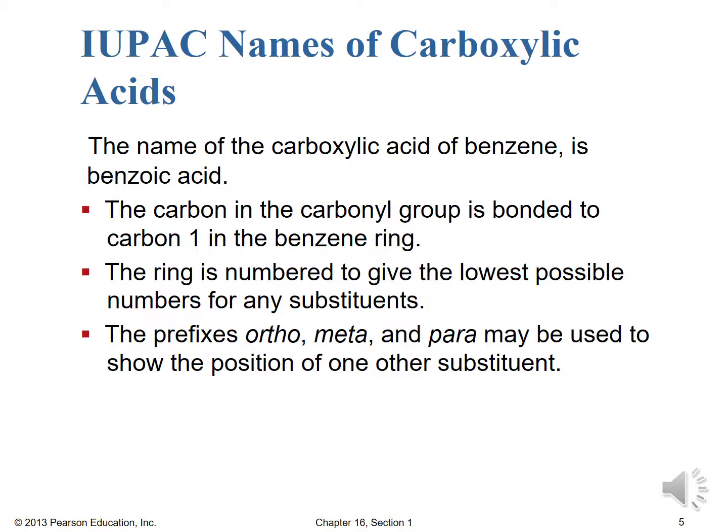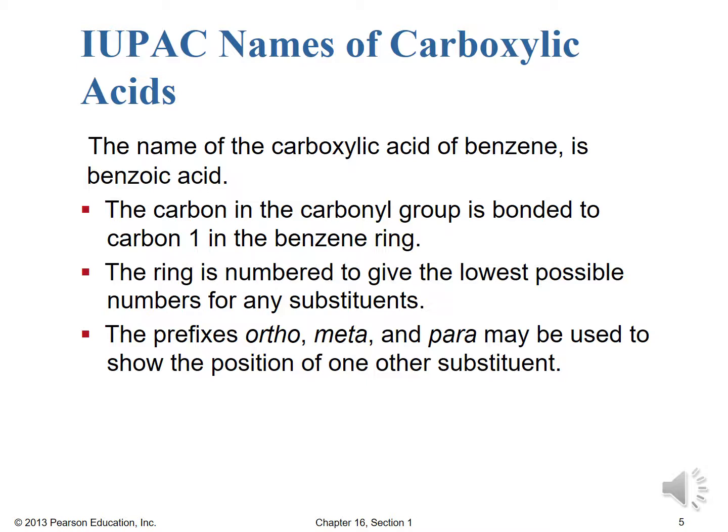So the name of the carboxylic acid of benzene, for instance, is benzoic acid. If we're looking at the carbon in the carbonyl group, it's bonded to carbon 1 on the benzene ring. This is the highest priority group yet. It's higher priority than the alcohols or the aldehydes or ketones. It's a very highly oxidized group, and it gets a lot of priority here in organic chemistry as a result.